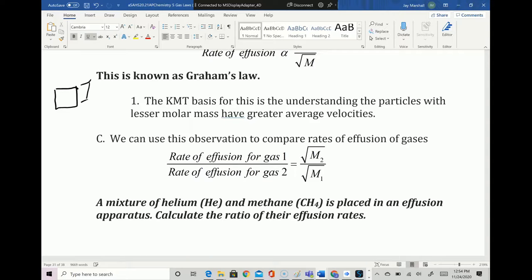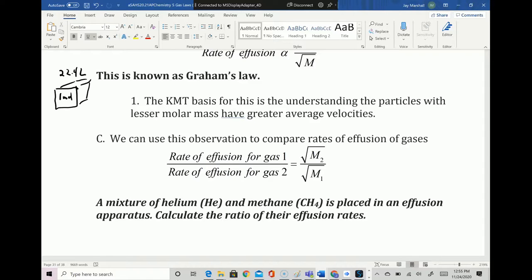Again, if I have 22.4 liters of gas at standard temperature and pressure, I have 1 mole of gas. Right?